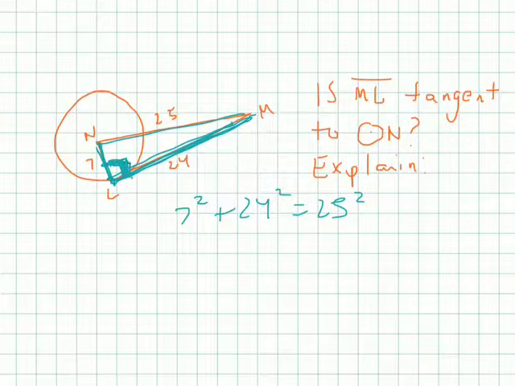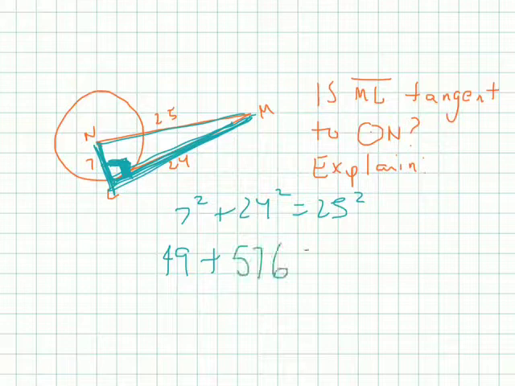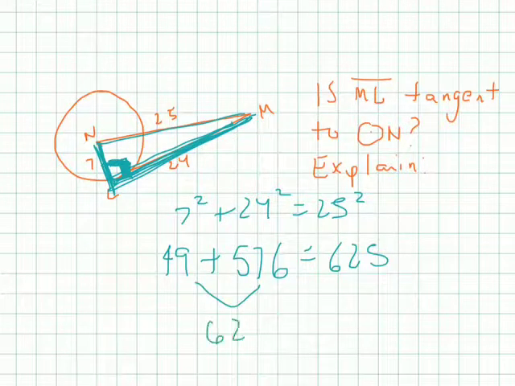And if it's a right triangle, that means that LM is perpendicular to NL, which is what the question is asking us. Is it tangent? 7 squared is 49. 24 squared is 576. 25 squared is 625. And 49 plus 576 is also 625.